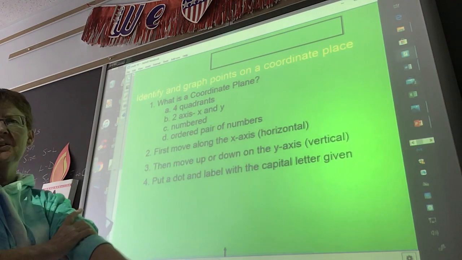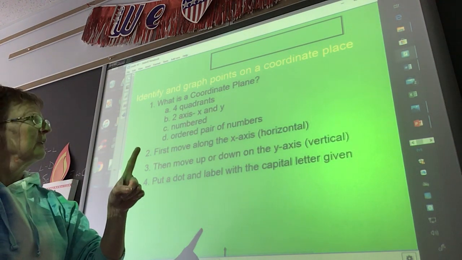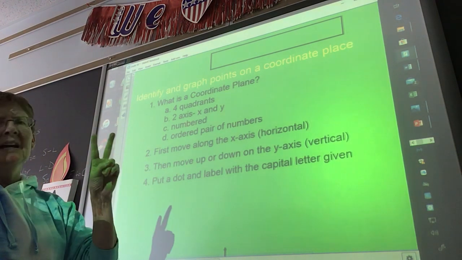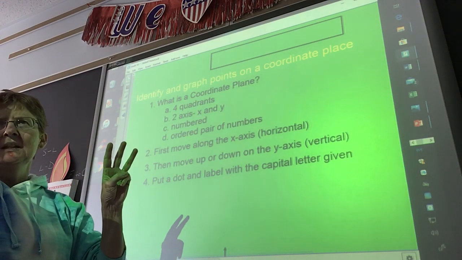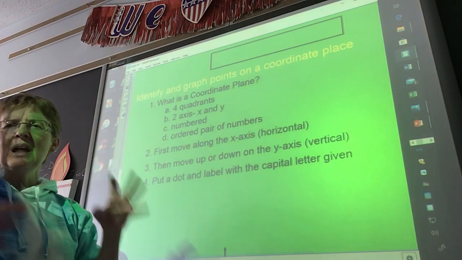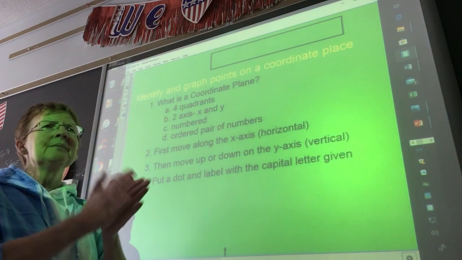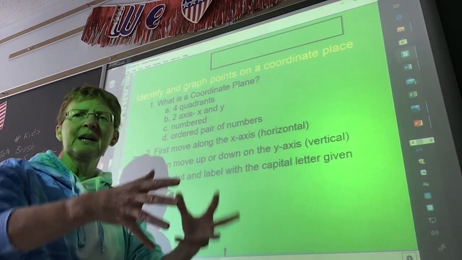So there's 4 quadrants, 2 axes. Each one of the coordinates is numbered, and I'll show you that. And when we're plotting things on the plane itself, we use ordered pairs.